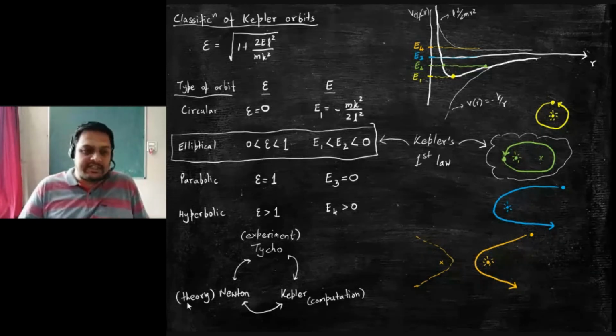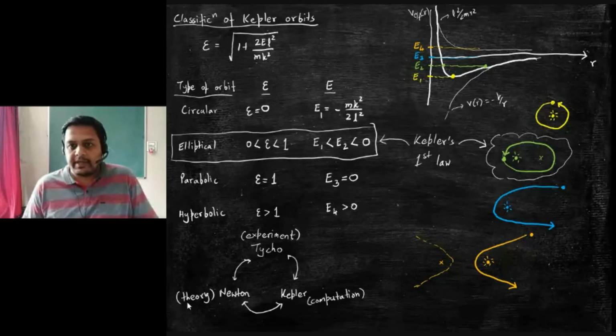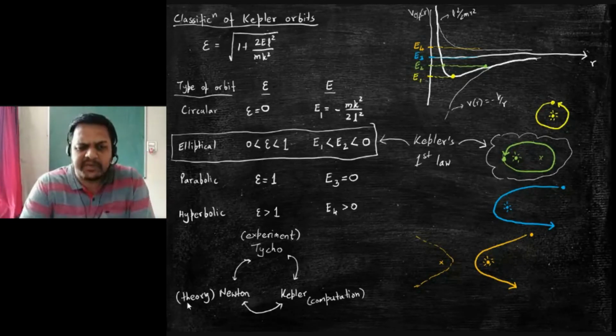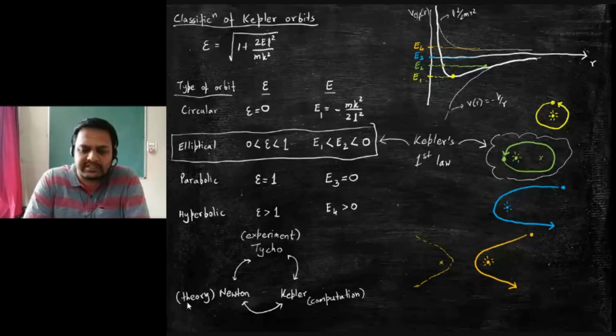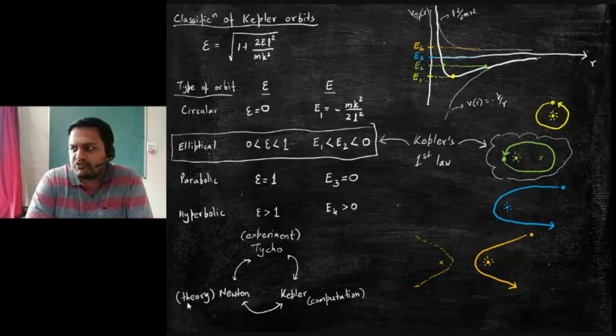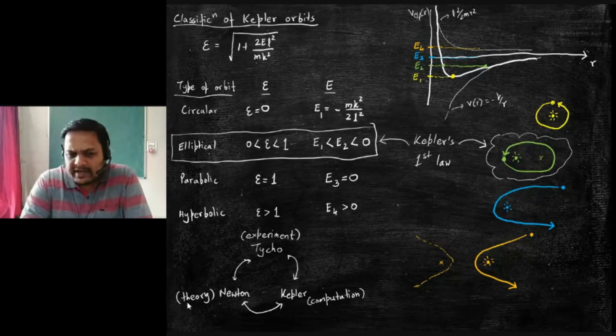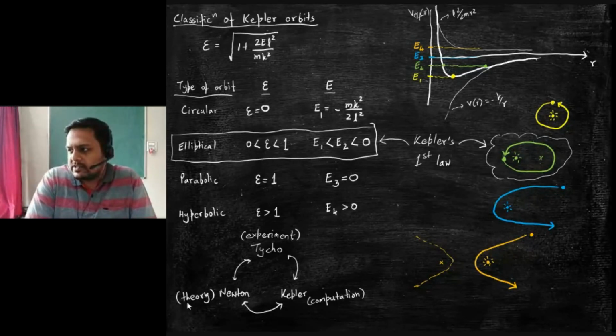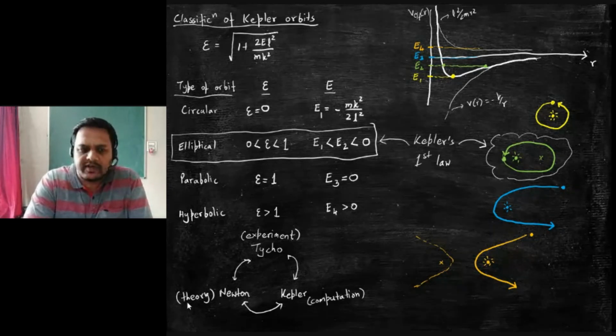Now, all three of these are extremely important. Okay? If Tycho had not made the experimental... See, Tycho's experimental observations during those days was extremely precise. He used to have what is called a sextant instrument. Sextant is basically something which can go from 0 to 60 degrees, which is used for observing the night sky by sailors and so on to find their way during night sky.